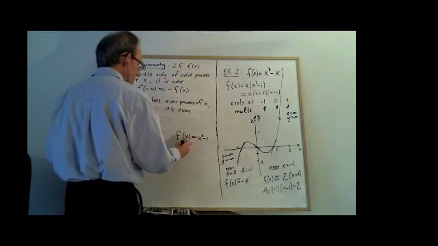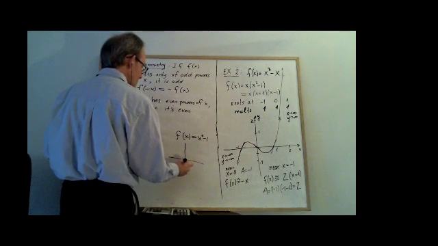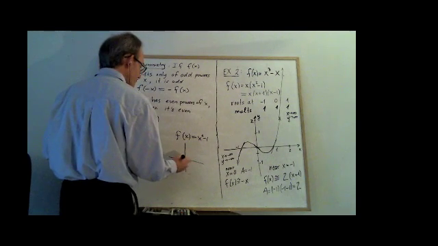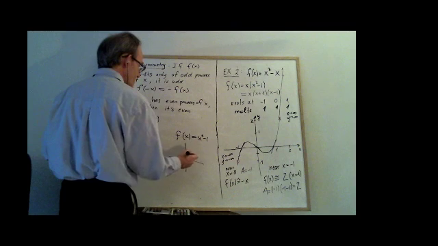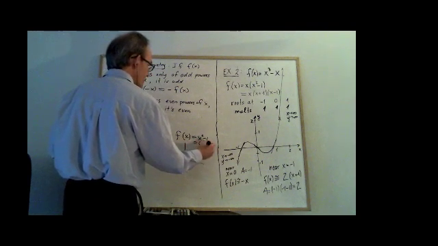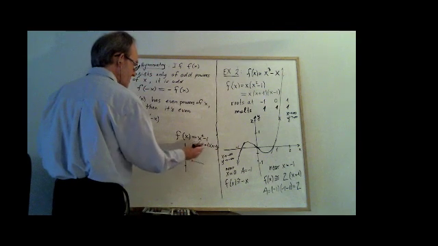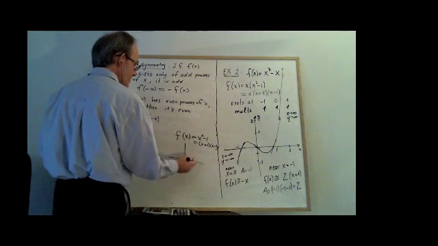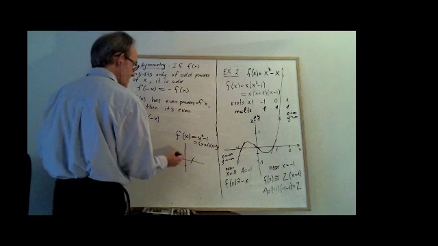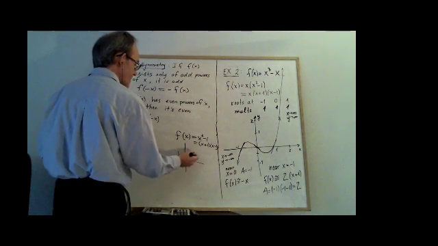This will be a parabola. It will have vertex at (0, minus 1). It'll go through the points plus 1 and minus 1. If you check the slopes, there will be about 2 in each place, so you'll get a graph that looks like this.